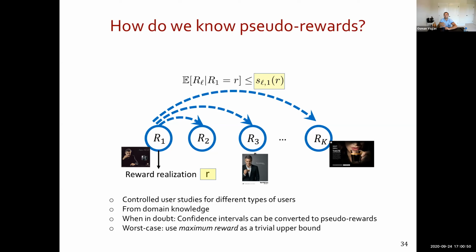If it is movie rating, depending on your scale, the natural upper bound would be 5, if you are using 5 out of 5 as the maximum rating a user can give to a movie. What this says is that if you have a survey result with some confidence intervals, you could convert those confidence intervals again to upper bounds that hold with 100% probability for the conditional mean reward.